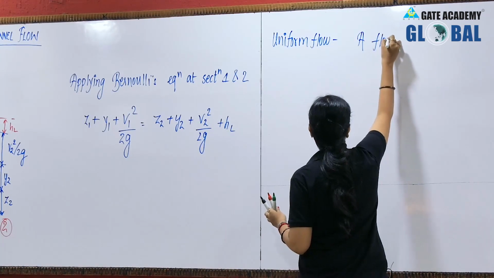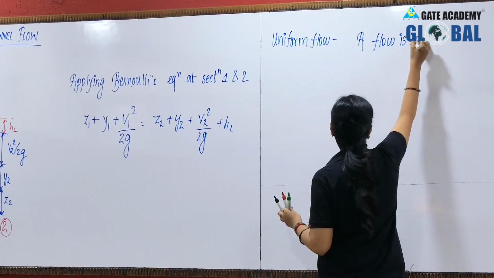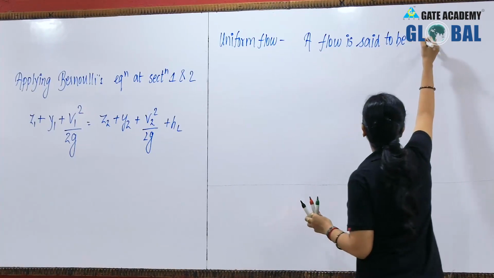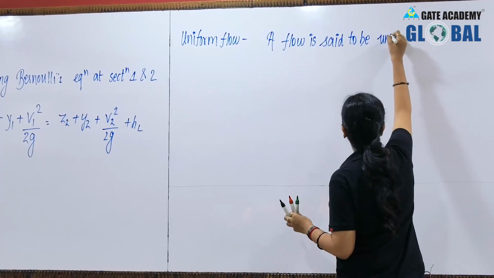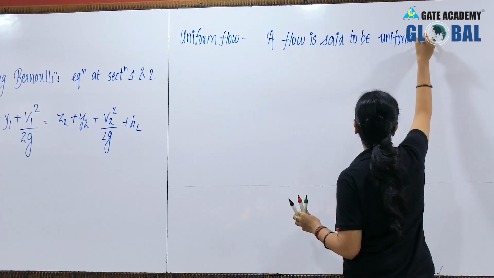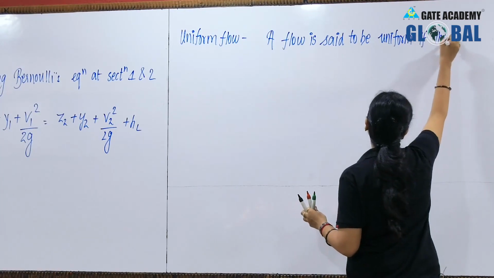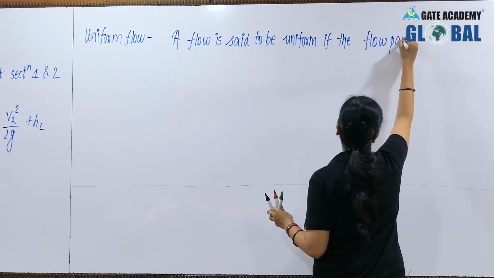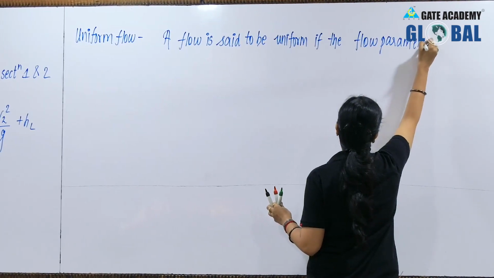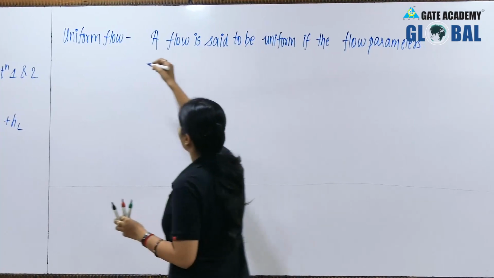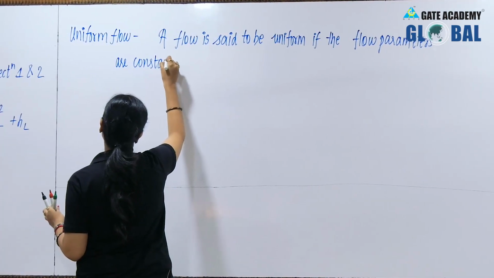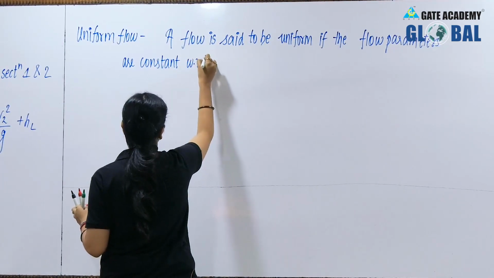A flow is said to be uniform if the flow parameters are constant with respect to space, or you can say with respect to distance.